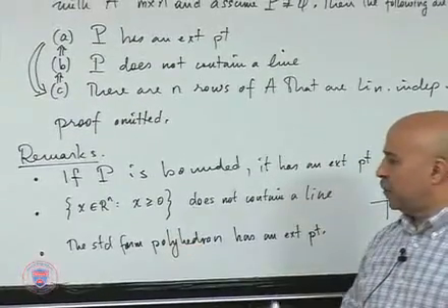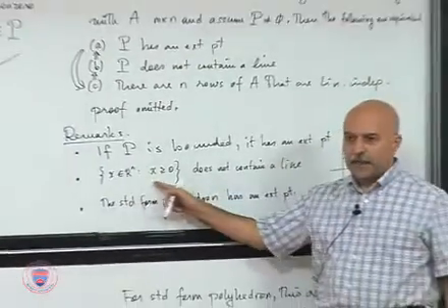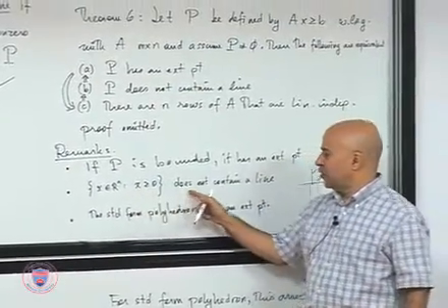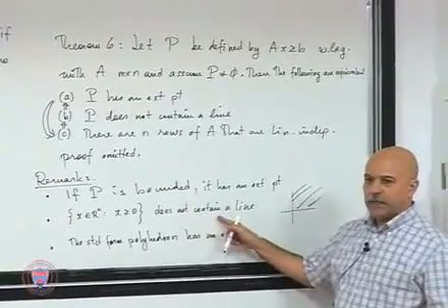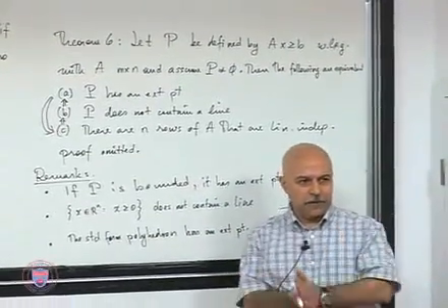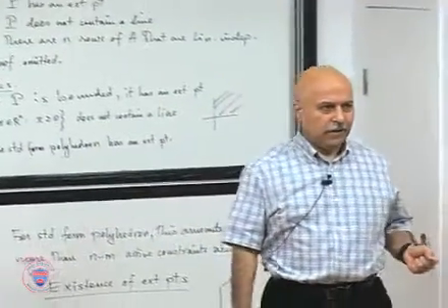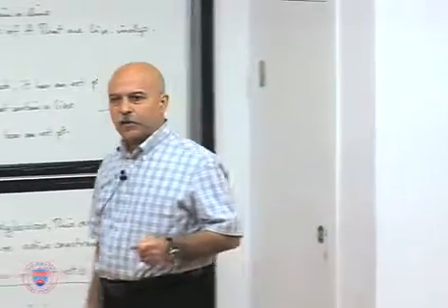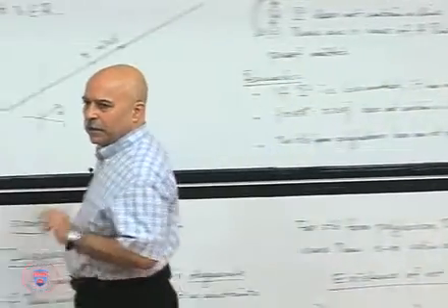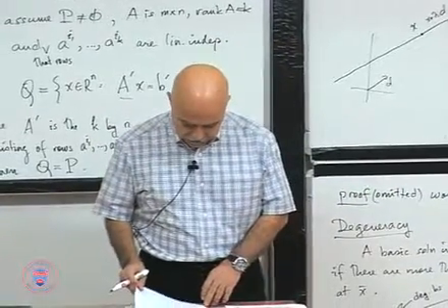Because the standard form polyhedron has Ax equals b and the non-negativity. Since the non-negativity already tells you that you cannot have a line, of course, then the intersection of Ax equals b with the non-negative orthant will not have a line, okay? Which means you have an extreme point. So for standard form problems, the existence of extreme points is always guaranteed.